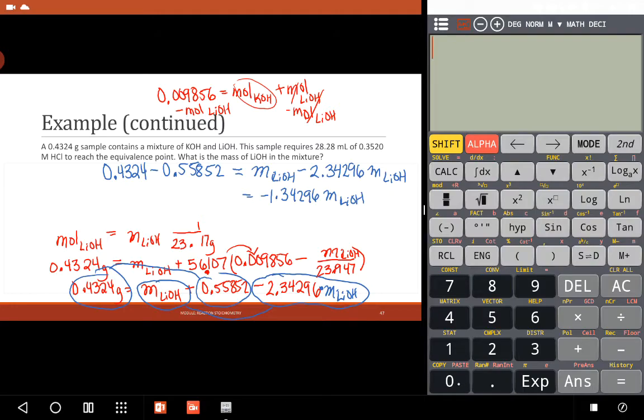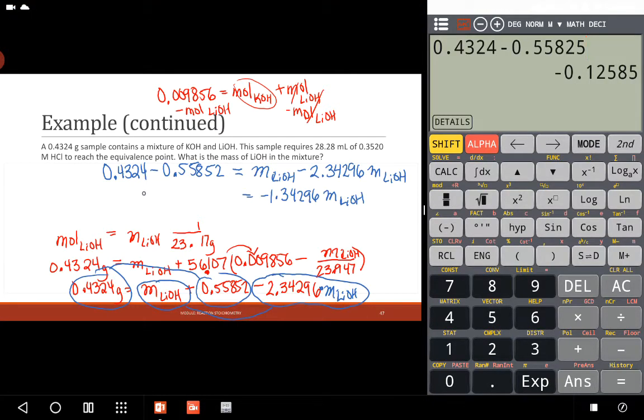So we have 0.4324 minus, will it be my previous answer now? No. Fine, I'll retype it. 0.4324 minus 0.55825. And so that is negative 0.12585.